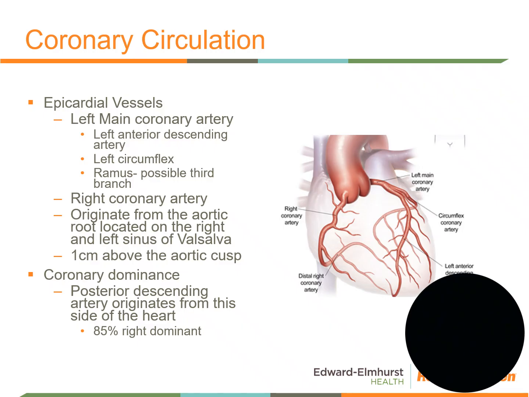You can see the right coronary artery and the circumflex both go around to the back of the heart. That PDA is almost the mirror image of your LAD. As your LAD is your left anterior descending, your posterior descending covers the bottom of the heart.